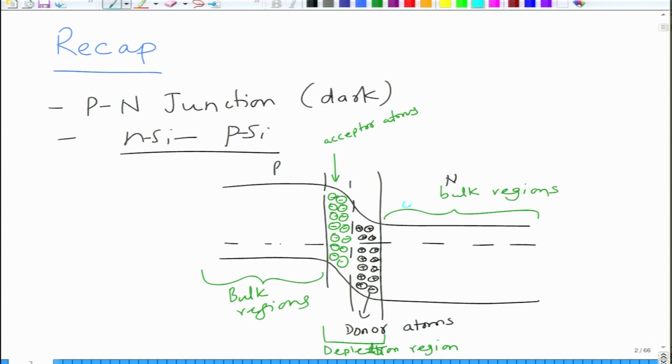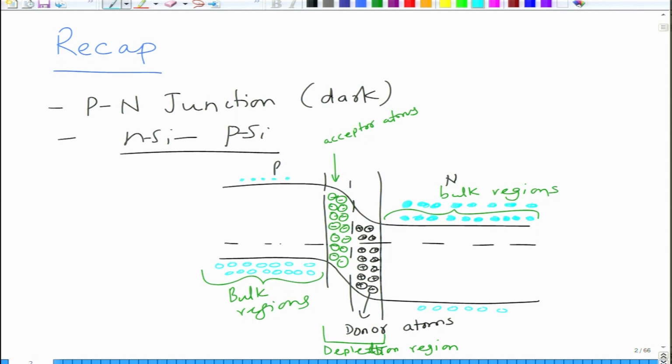So, this side will have a lot of electrons, and here you will have some holes, and on this side you will have a lot of holes and few electrons.